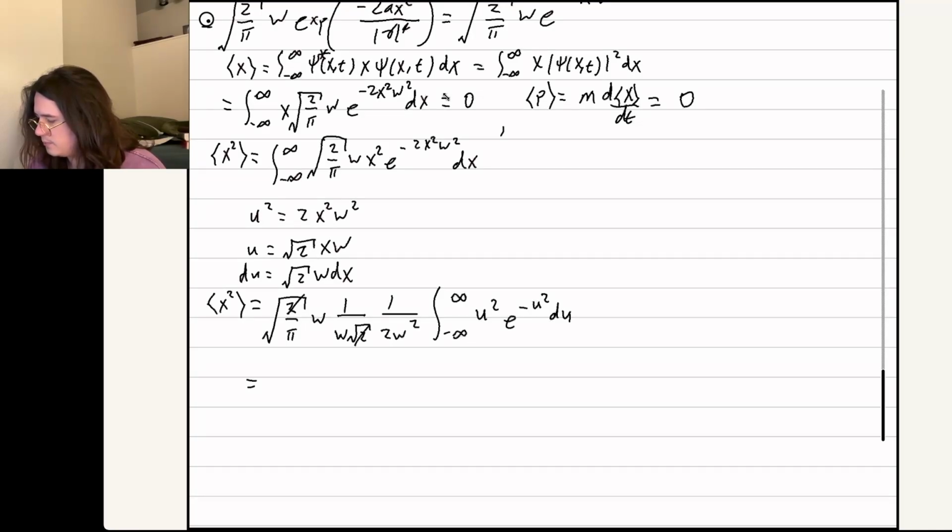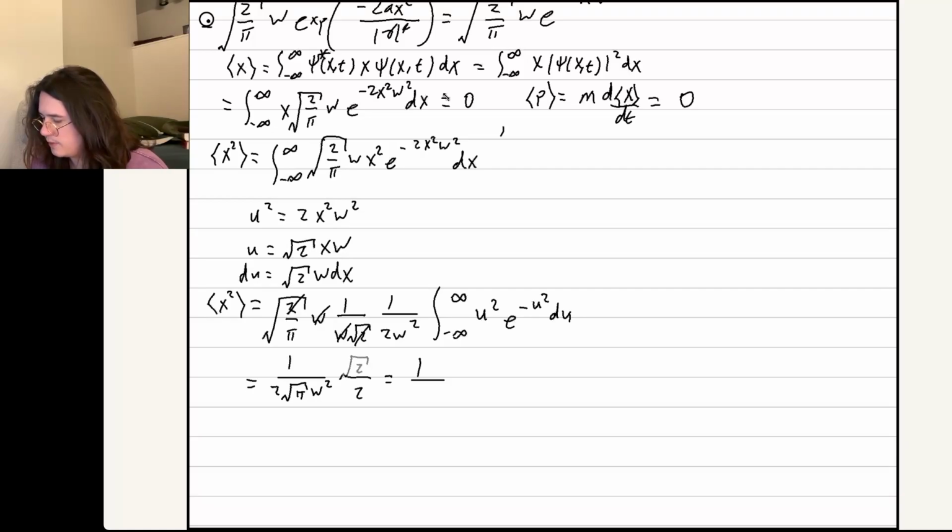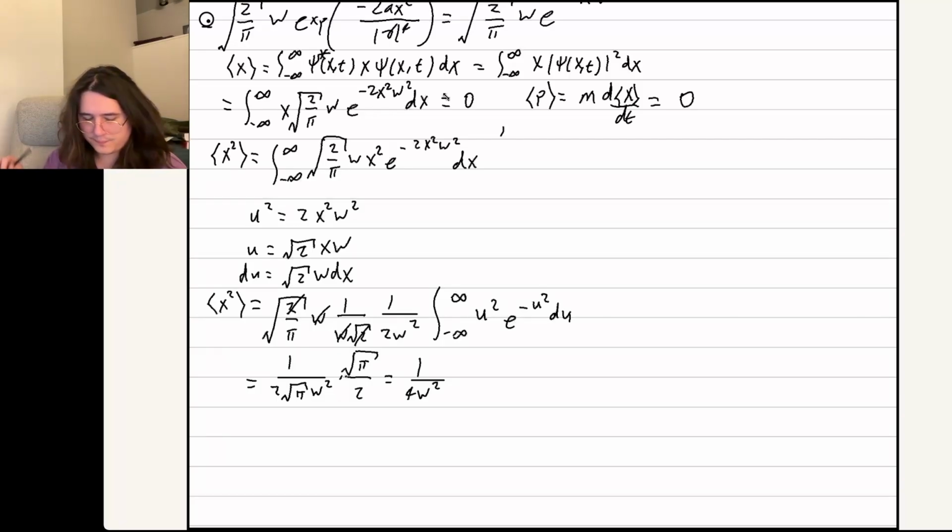Alright, this root 2 will cancel out this one, and this w will cancel out this w, so we have 1 over 2 root pi w squared times the integral, and that integral is actually just root pi over 2. Let me actually write pi there, because it's root pi over 2. So we have 1 over 4 w squared for the expectation value of x squared.